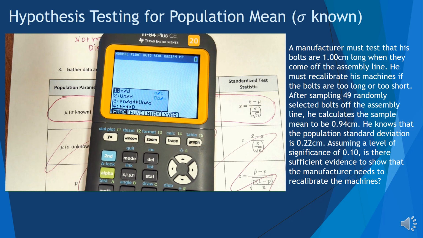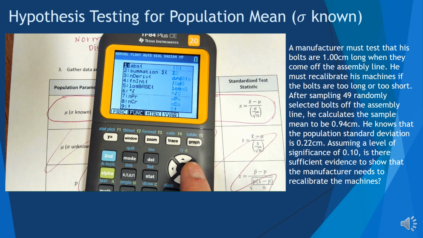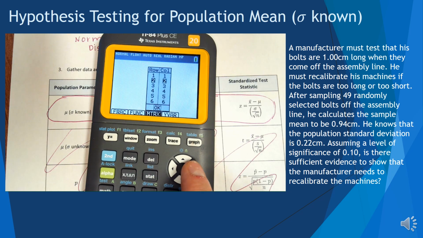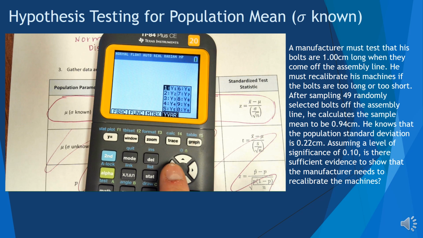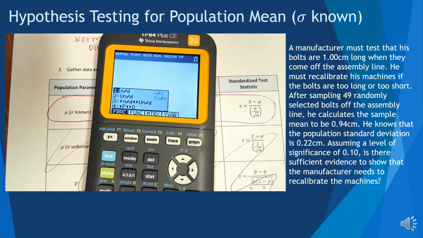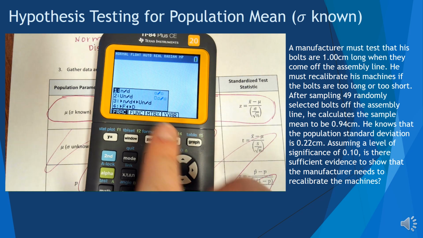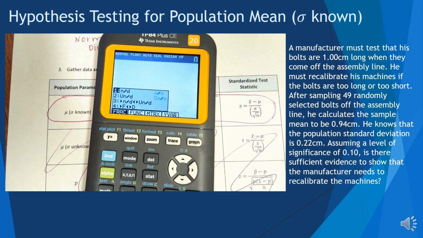It has a lot of other options too that we're not using here, like functions, matrices, and y variables. But we're just using this little fraction menu. Hit enter on the first option, which is just a regular fraction. The next one is a complex fraction. I think that's what we call those. I haven't used those in a while.